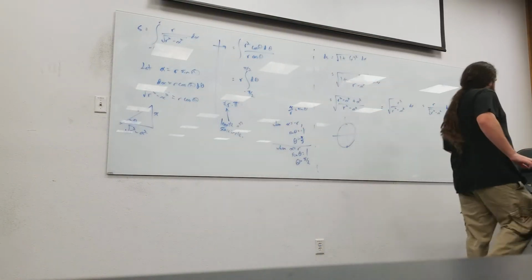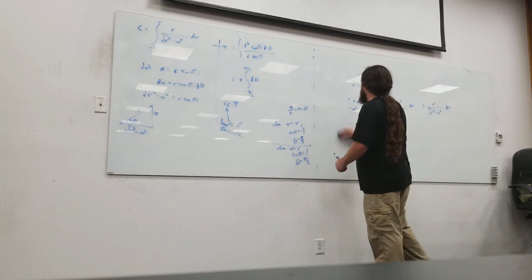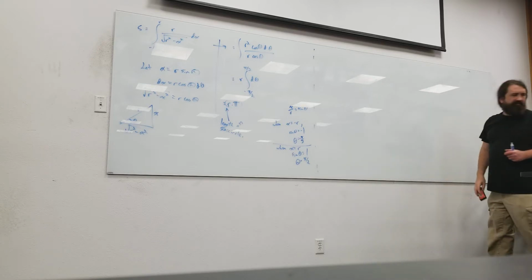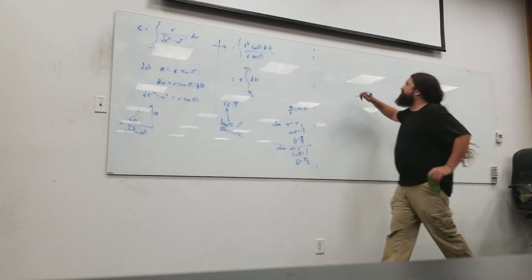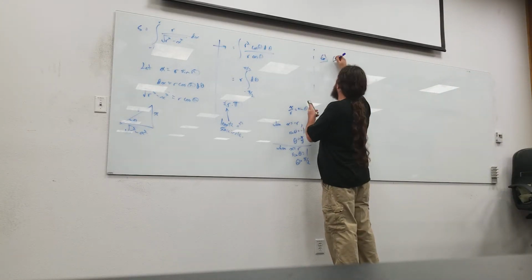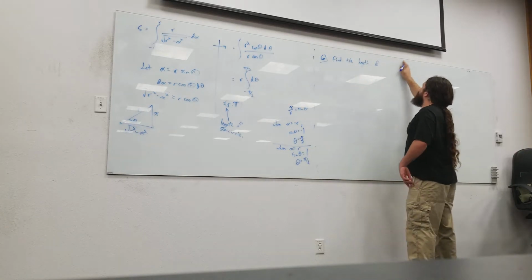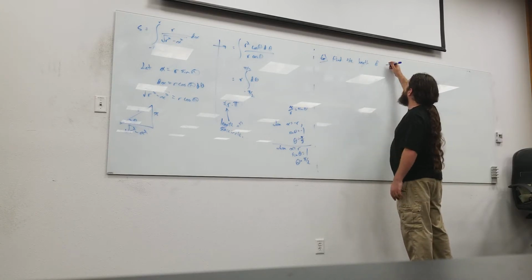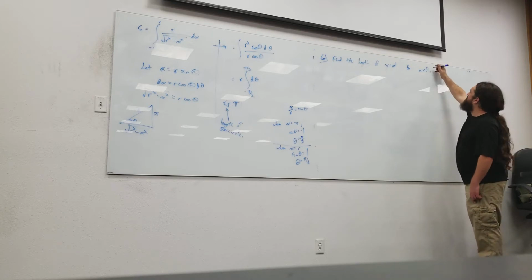Suppose we try one where it doesn't do this. Let's try and find the length of something fairly benign like a parabola. That seems easy enough. So the length of the curve y equals, say, x squared for x between negative 1 and 3.